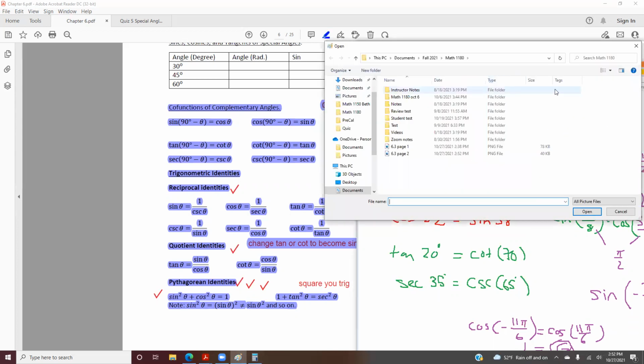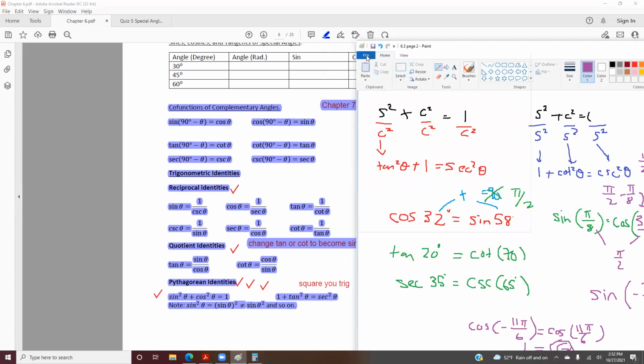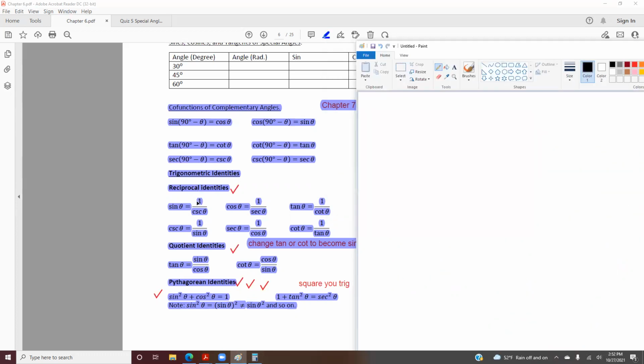For example, look at the first one, sine theta equals 1 over cosecant theta, right? This is from the reciprocal identity. So it's like a formula. So you can multiply both sides by cosecant theta. So cosecant theta times sine theta is still equal to 1.